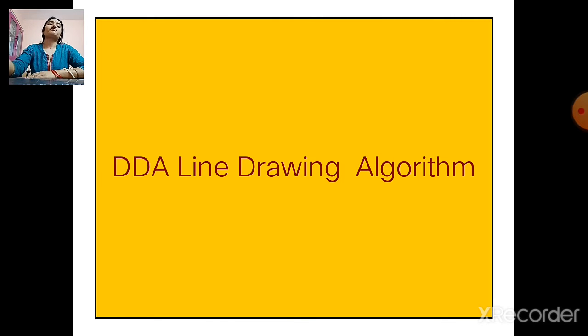In this algorithm, we need to scan over one sampling axis, and by using that sampling axis we need to find out the other axis values. So let us discuss in detail what the DDA algorithm is.